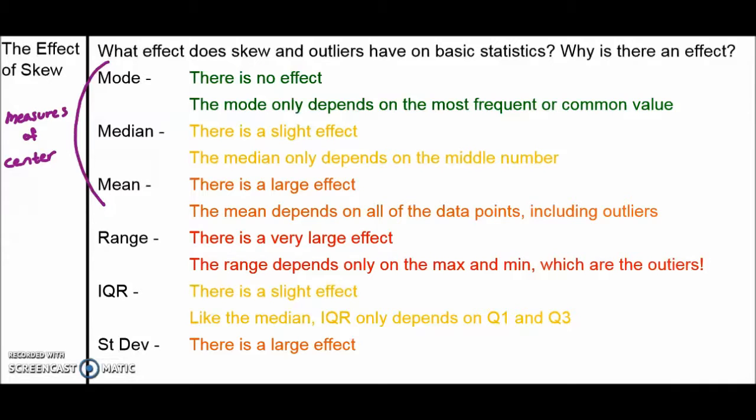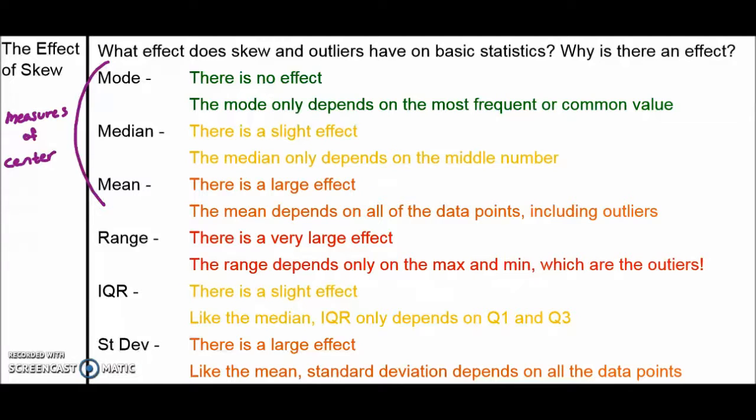There was a decent effect on the standard deviation. Recall it changed from 1 point something to about 4 point something. A pretty decent effect. Now that's due to the fact that, like the mean, standard deviation depends on all the data points. With the mean, you've got to add up all the data points and divide it by the number you have.